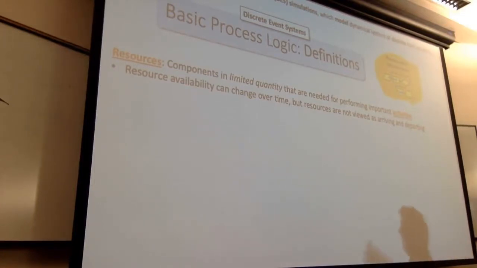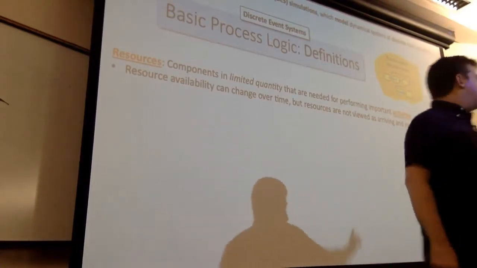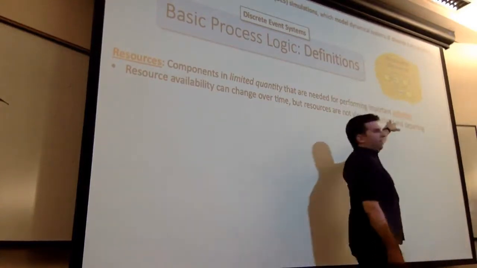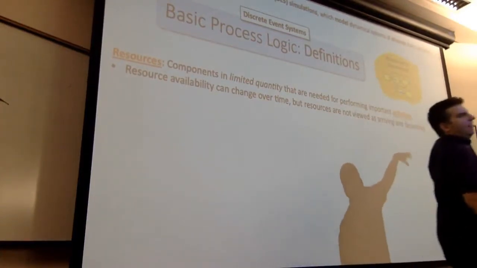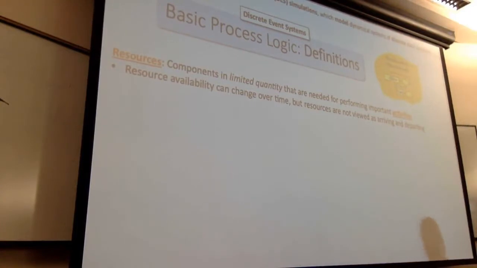These are things that I'll define better in a second, but you kind of roughly know how long they're going to take before even knowing anything about the state of the system. We just know that statistically, classes take roughly 75 minutes. Statistically, it takes roughly a minute for a bag to get through an X-ray machine. That's what makes them activities. We can say ahead of time, we know roughly how long they're going to take.